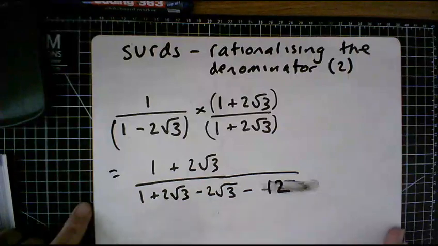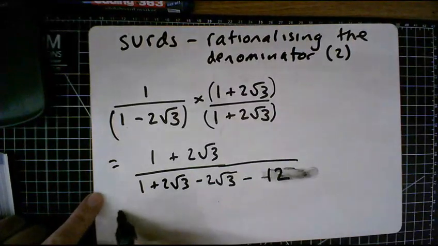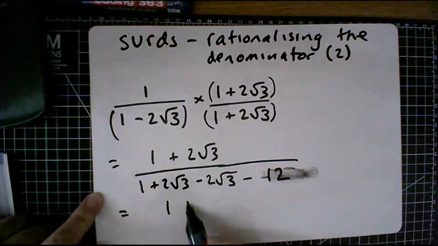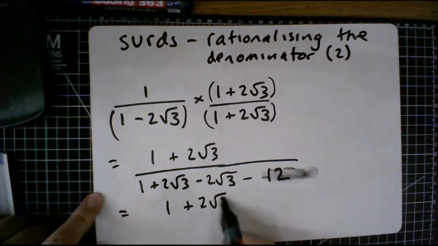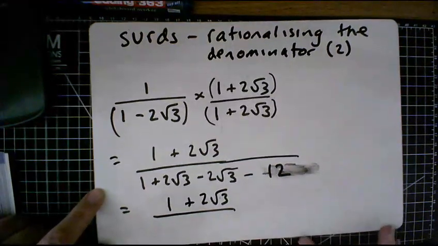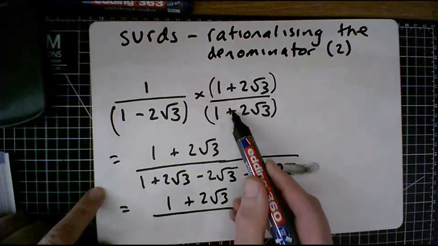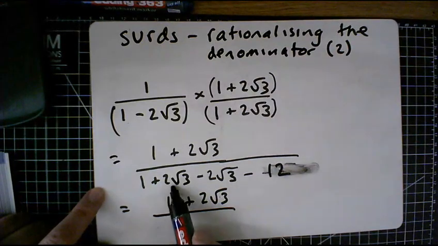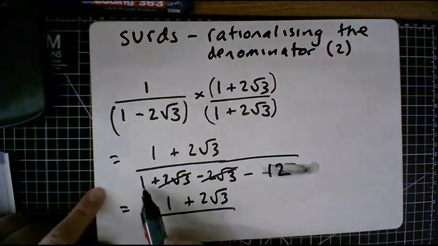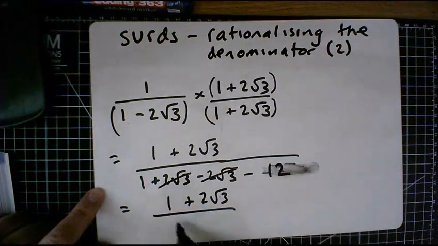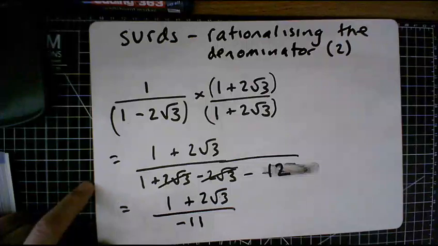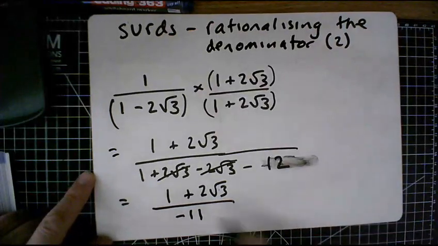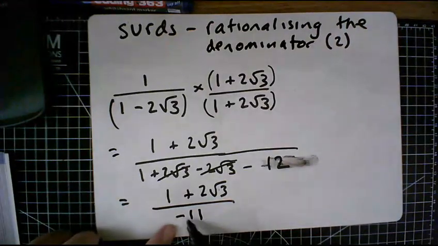So our final answer is going to be 1 plus 2 root 3. Now, this is why we changed the signs here, because we got positive 2 root 3 and negative 2 root 3, and they cancel. And on the bottom, I got 1 subtract 12, which is negative 11. Now I could leave my answer like this, but it's kind of bad form to leave a negative on the bottom.